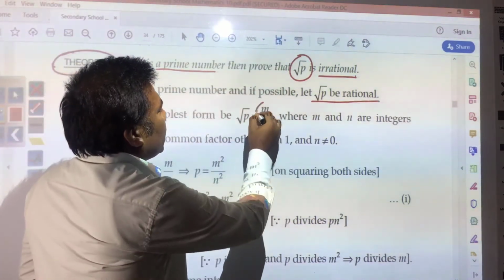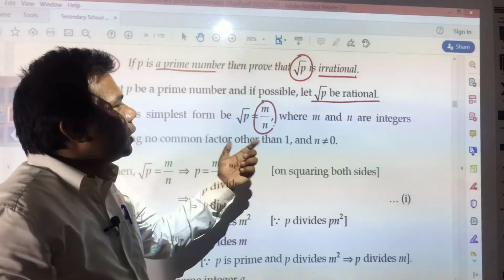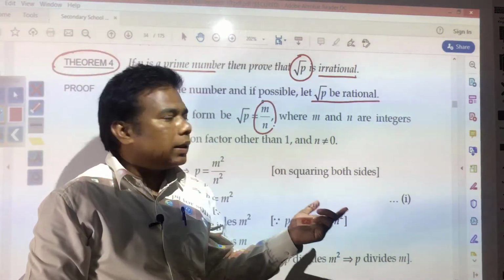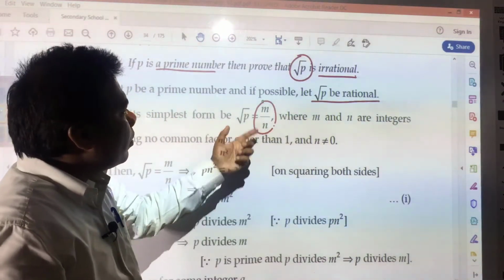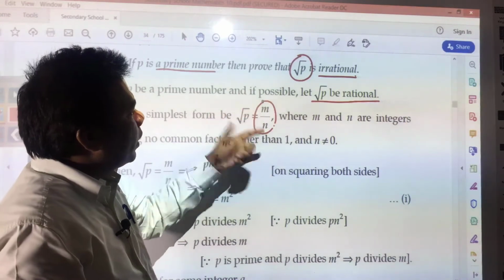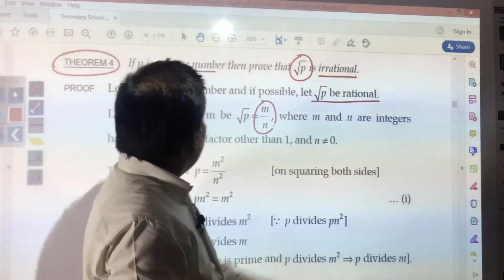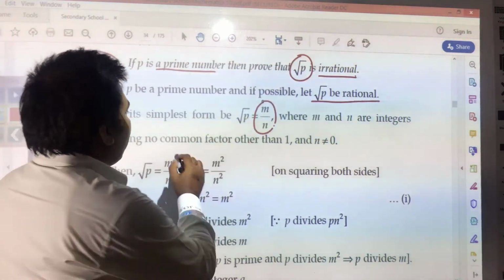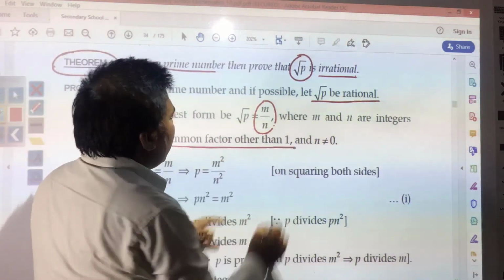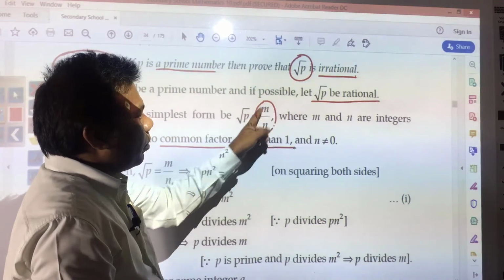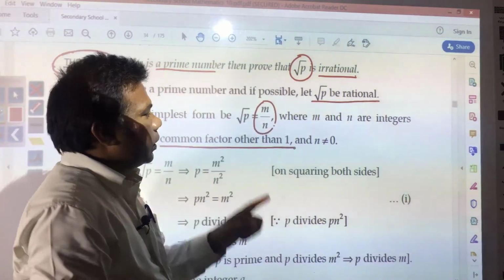In simplest form, any number that is rational can be expressed in the form of m by n or p by q or a by b, whatever you write, where m and n are integers having no common factor other than 1. It means m and n are co-prime and n is not equal to 0.